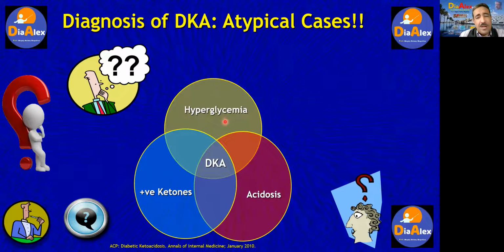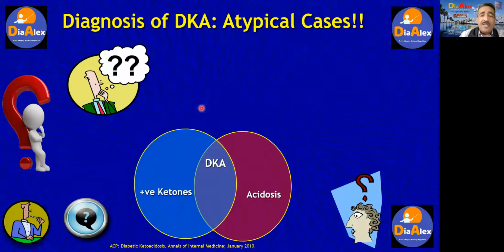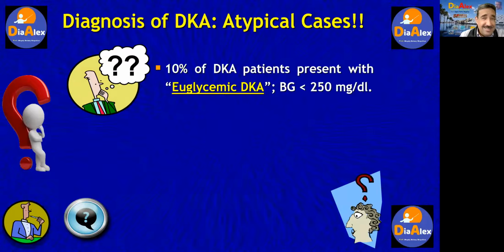Let's start with hyperglycemia. Can a patient present with diabetic ketoacidosis without hyperglycemia? And the answer is yes. And this is called euglycemic DKA. It means the patient is presenting with ketosis, with metabolic acidosis, but the blood glucose is less than 250.